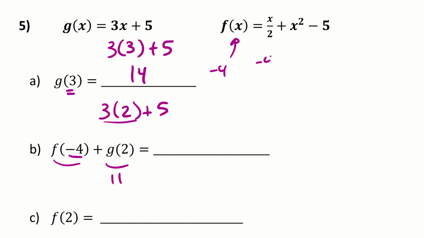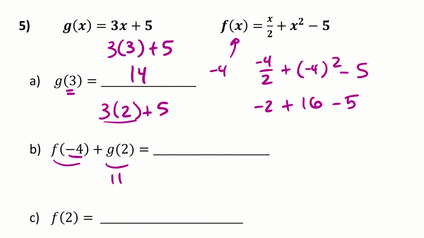So it's going to look like -4 over 2 plus -4 squared minus 5. -4 over 2 is -2 plus -4 times -4 is 16, and then a minus 5. So we've got 16 minus 5 is 11, and then 11 and -2 would be a positive 9.